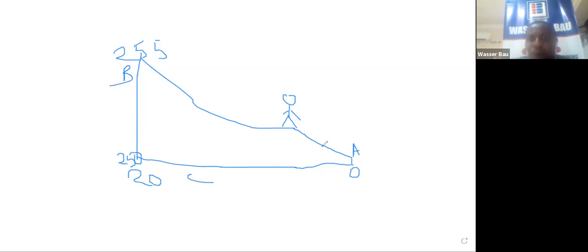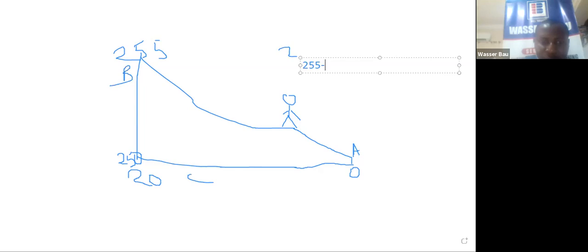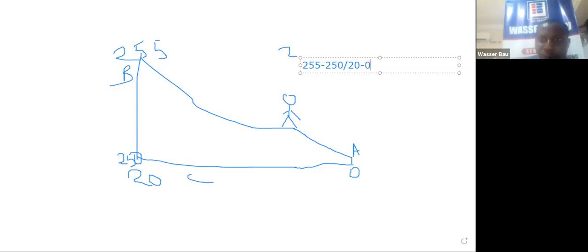the slope of this point becomes 255 minus 250 divided by 20 minus 0. And that will give you 5 over 20, which will give you 0.25.